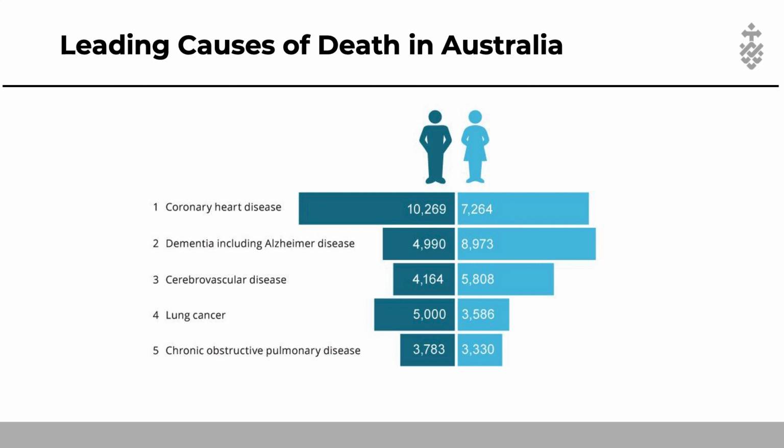This figure shows the number of male and female deaths contributing to the top 5 causes. The leading cause of death for males was coronary heart disease, accounting for over 10,000 deaths. And dementia was the leading cause of death for females, very closely followed by coronary heart disease.